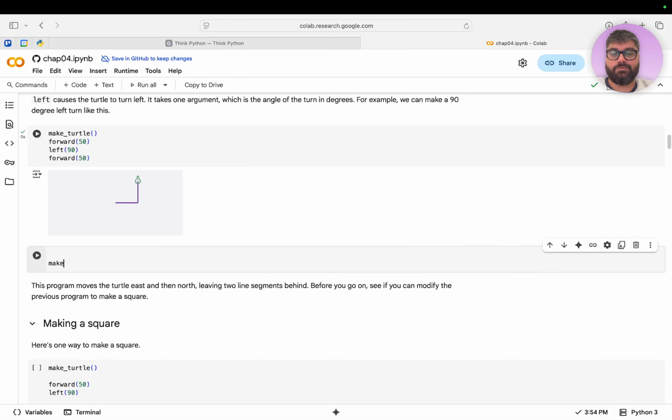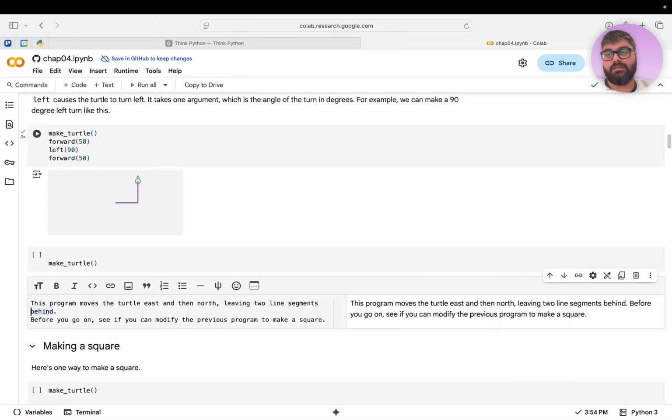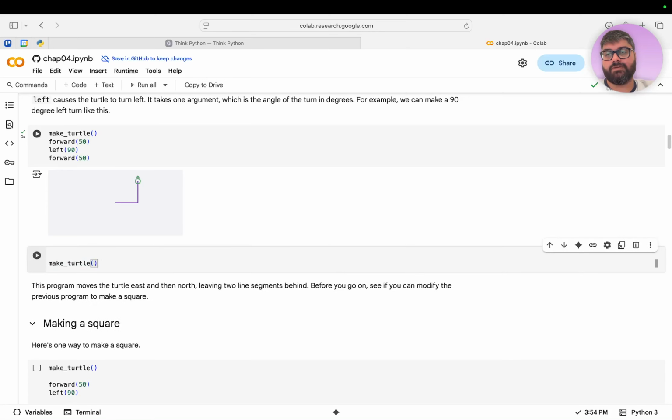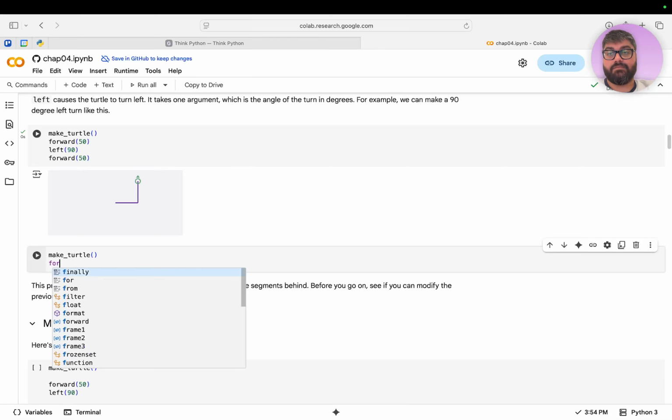Screw making a square. I'm gonna try and make a triangle, actually, if I'm understanding this correctly. Because I am having fun.